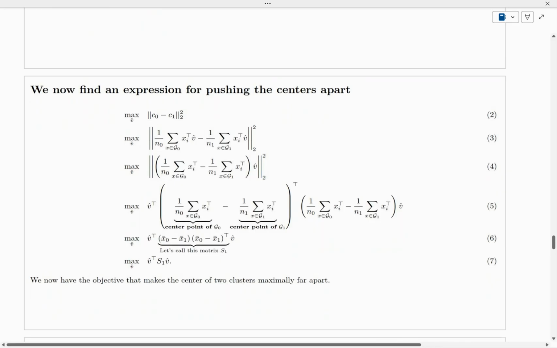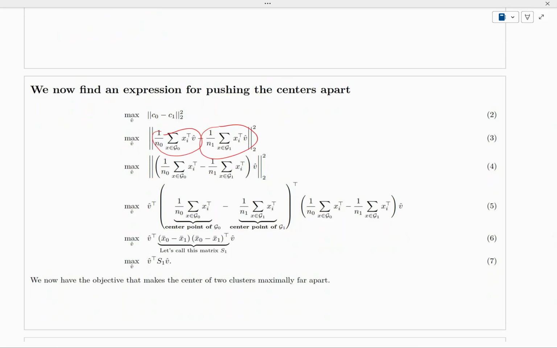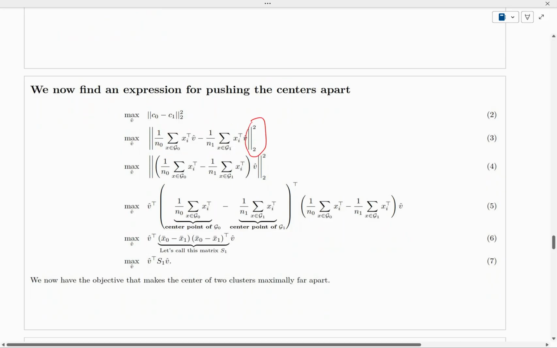Like I said, we know the definition, so we can just plug C0 and C1 in. When we have a squared L2 norm, it's equivalent to, if you have a vector V, the L2 norm squared is V transpose V. So this is what that means when you have an L2 norm.